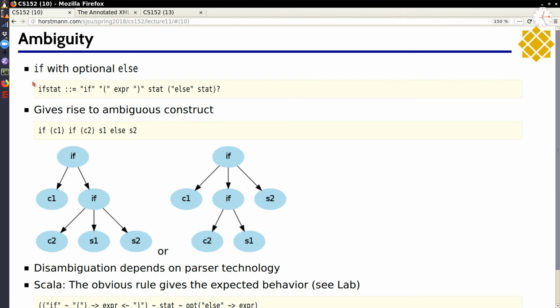Or I can use a different parsing strategy where I get the exact opposite result, where I eat up the expression here for the C1, I then take as this statement here, I recursively call the if statement and take the if-then part, and then I pop out of the recursion and get the else in that way. So there's two different ways of producing a valid parse.